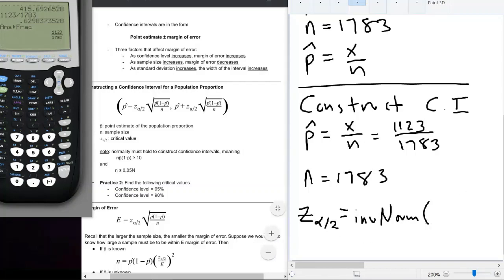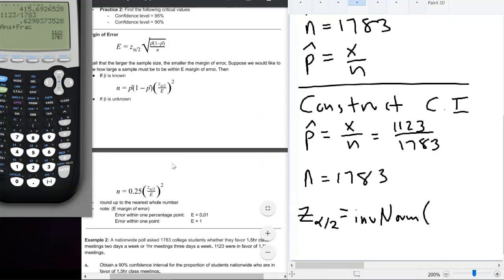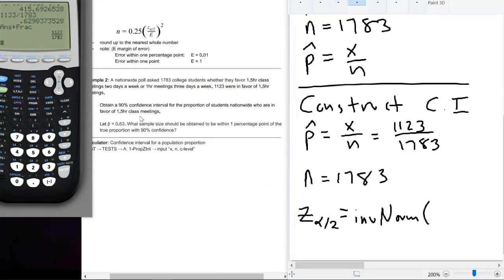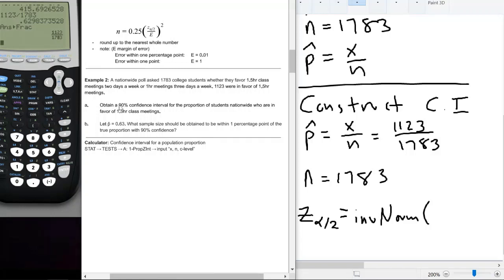Well, let's go back down to the problem and see what the confidence level was. Here we're asked to obtain a 90% confidence interval. This is our confidence level, 90%. So in order to find alpha, alpha is the remaining of the 100%, right? So alpha has to take up the remaining 10% in order to complete the 100%.